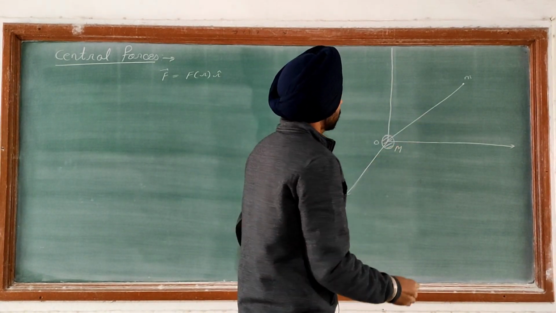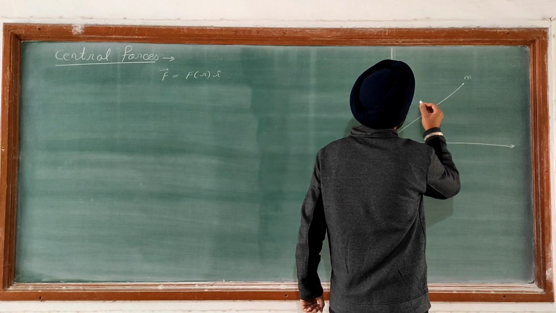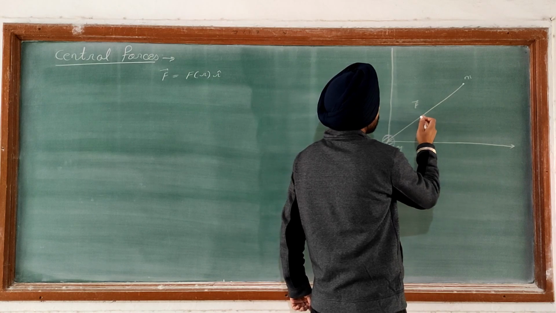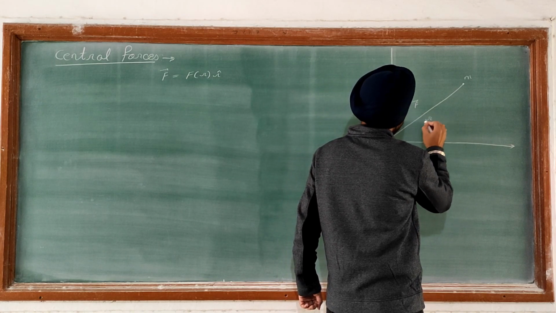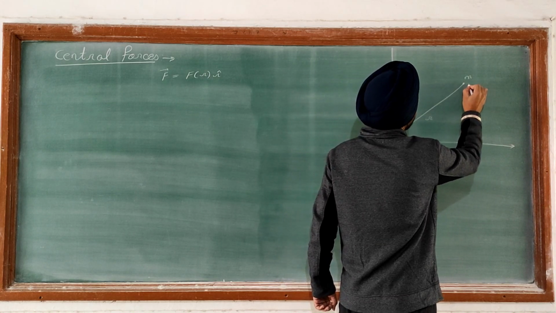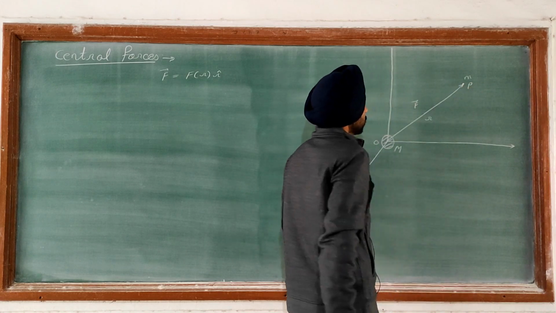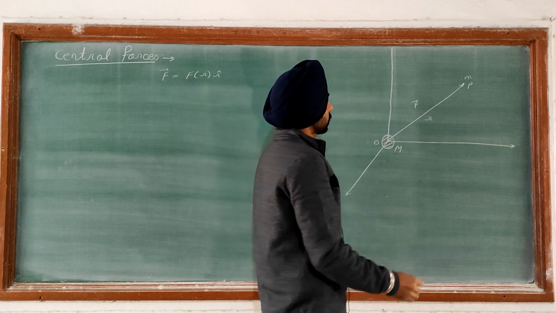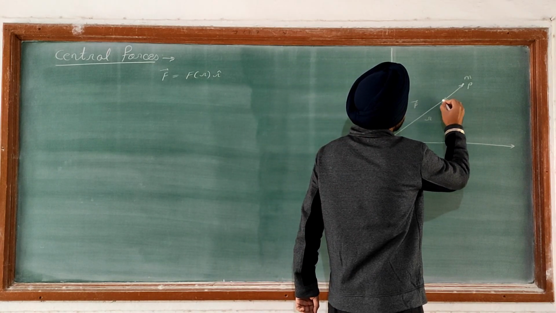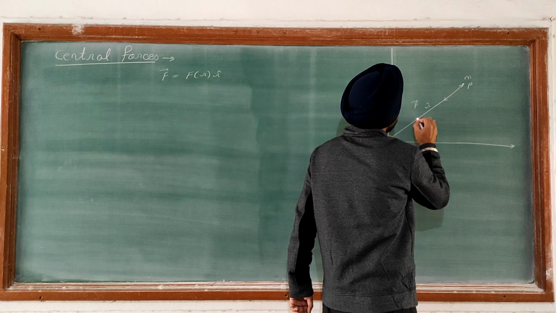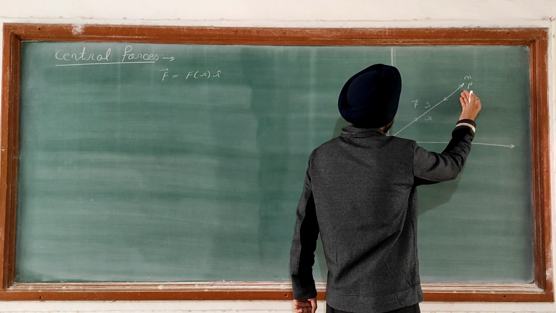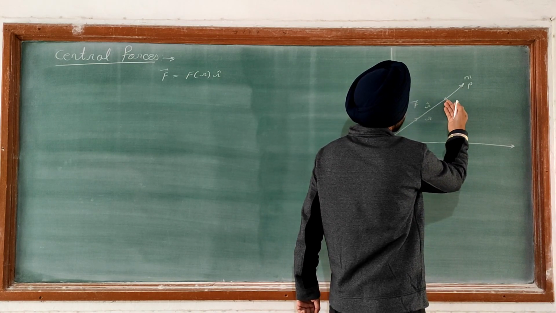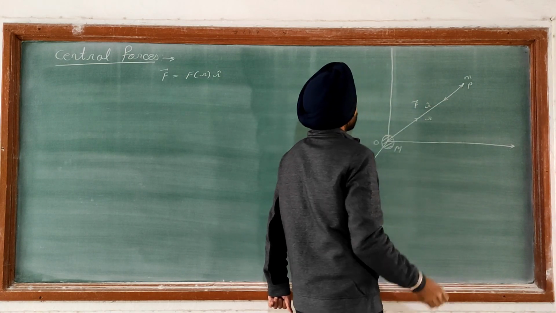So this force is a function of r only, where r is the distance OP, and it acts along the line joining the particle to the center of force. r cap is the unit vector along O to P, and the direction of the force is opposite to r cap.